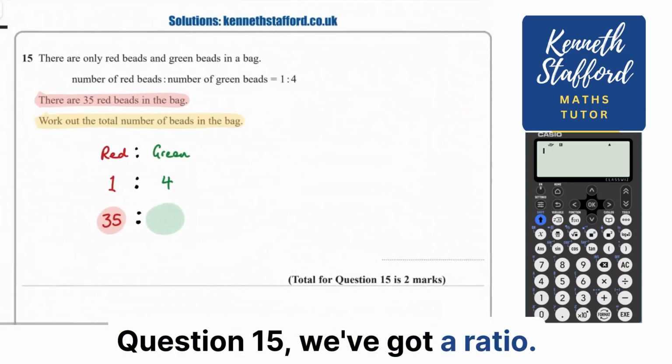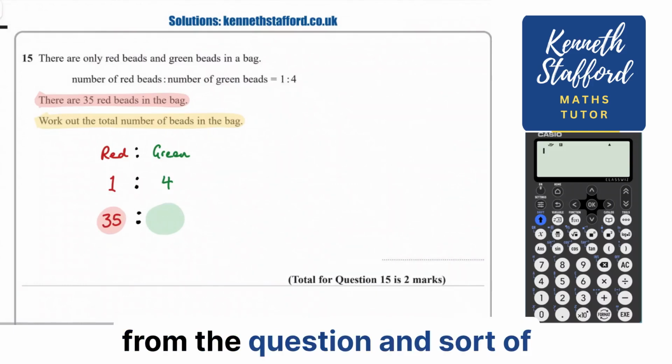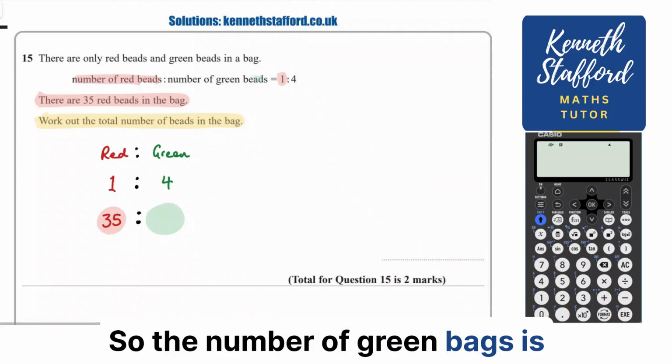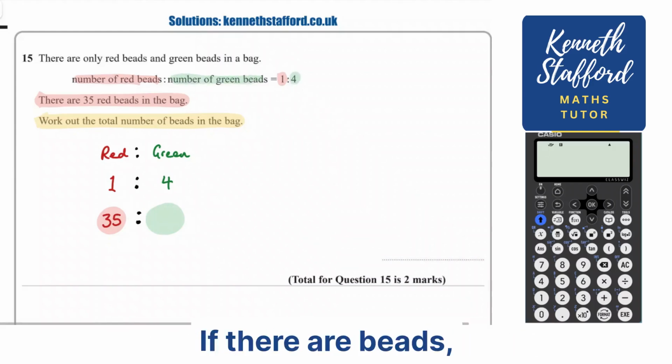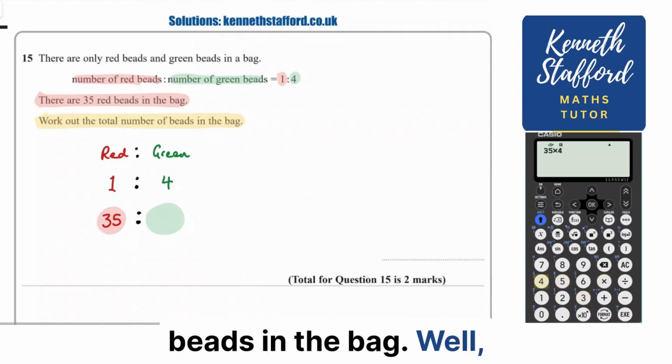Question 15, we've got a ratio question. Again, I've sort of taken this information from the question and sort of put it down beneath. Number of red beads to the number of green beads is in the ratio 1 to 4. If there are 35 red beads in the bag, work out the total number of beads in the bag.